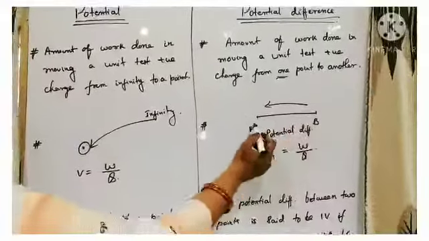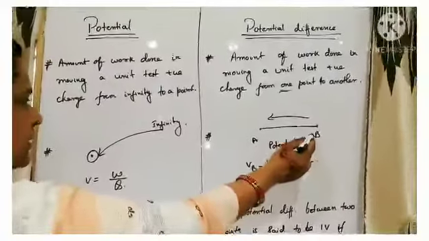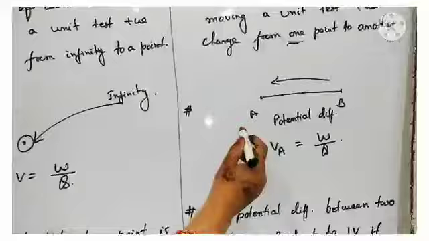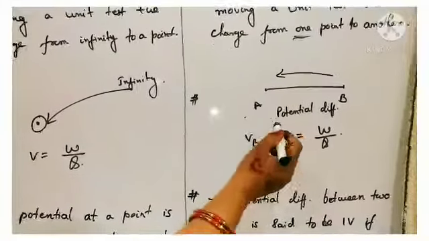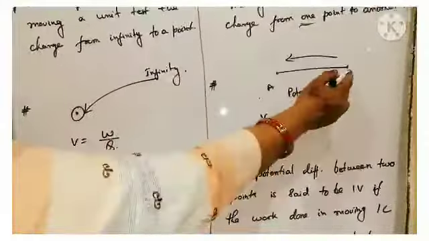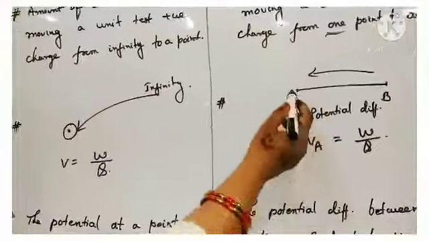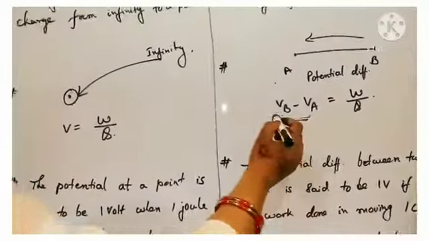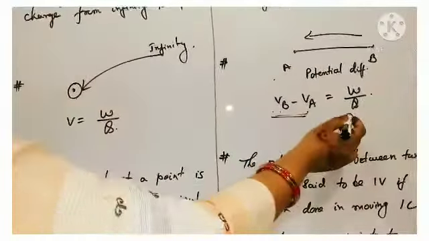Suppose there are 2 points A and B. So the amount of work done from B to A: suppose VB is the potential at point B, and VA is the potential at point A. So this potential difference VB minus VA is equal to W by Q.